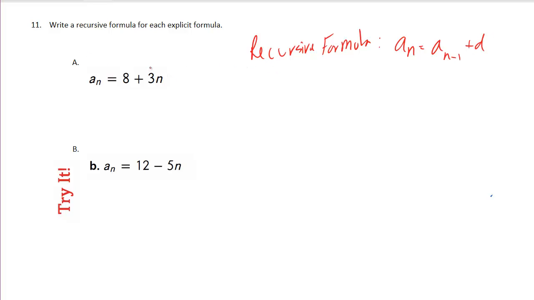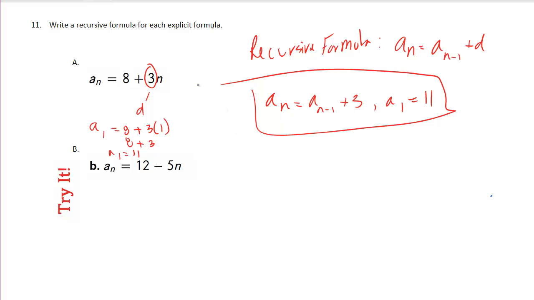Difference is easy to find. It's that coefficient of the variable, that slope. So there's d, and if I want to find a sub 1, I just evaluate. And that's equal to 11. So the recursive formula of this arithmetic sequence is a sub n equal to a sub n minus 1 plus the difference, and the first term is 11.